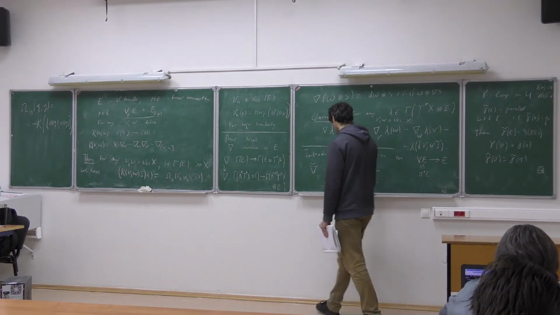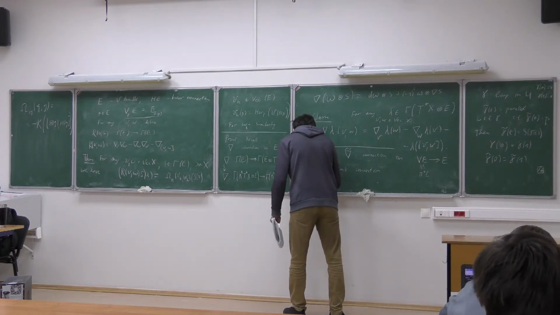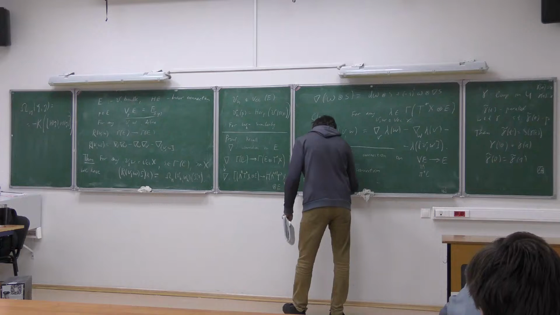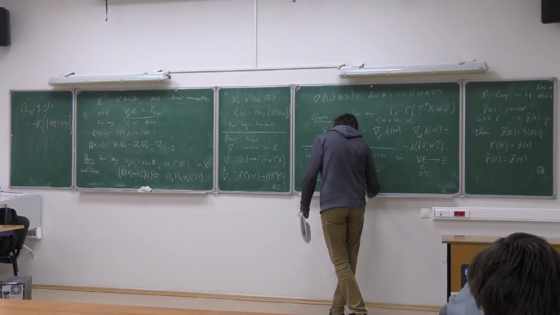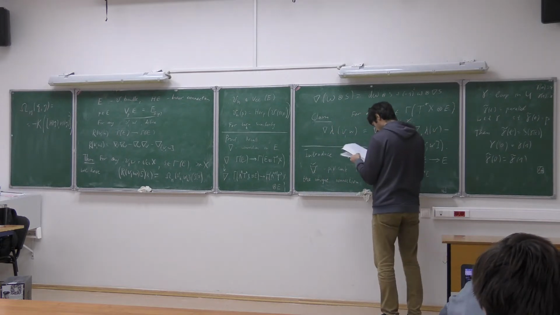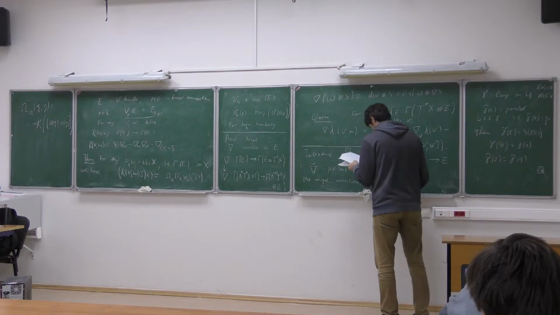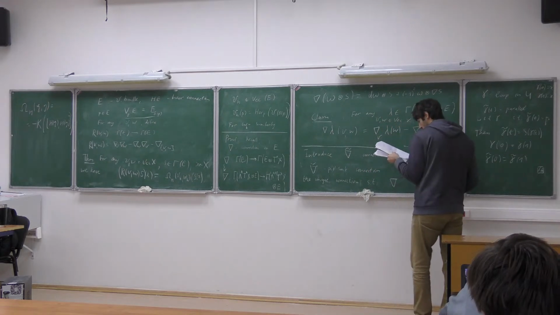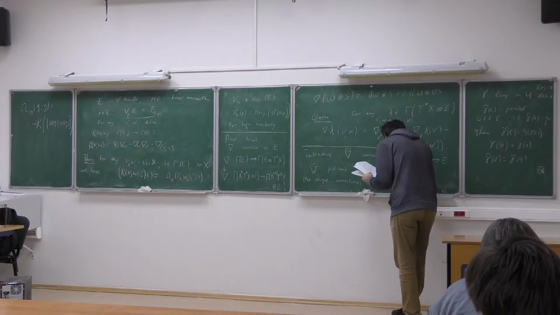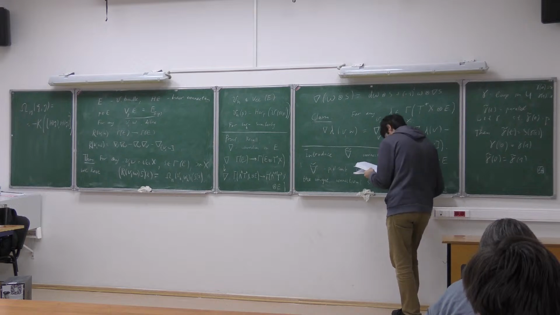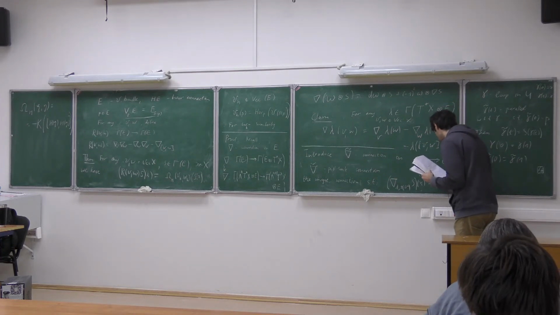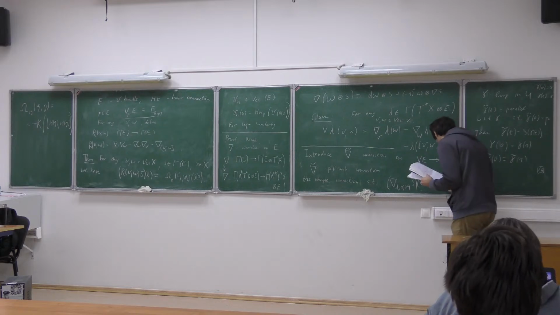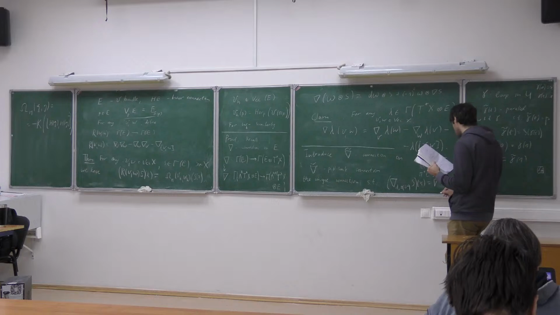Basically, it's the unique connection such that the following happens: nabla d x p of v of some section at x is the same as nabla tilde of the pullback of the section S of V.